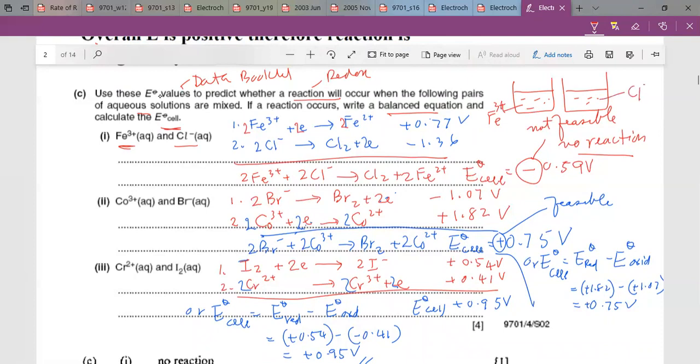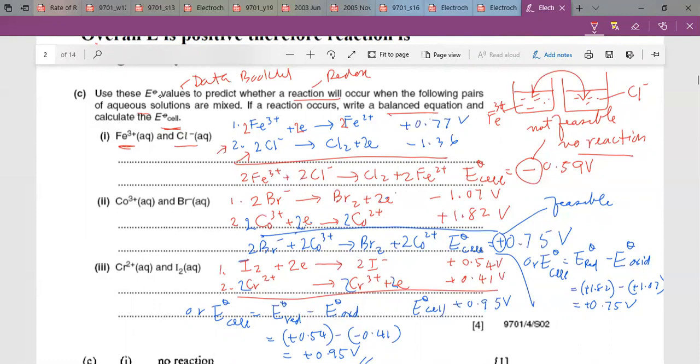Here's your Cl minus, no Cl2. The only way Cl minus can go is not to Cl2-, that's ridiculous. The only way is to be oxidized, to lose electrons and become Cl2. So this is the most probable reaction.